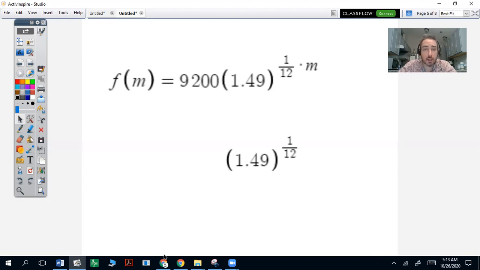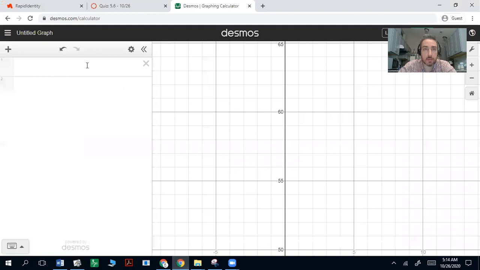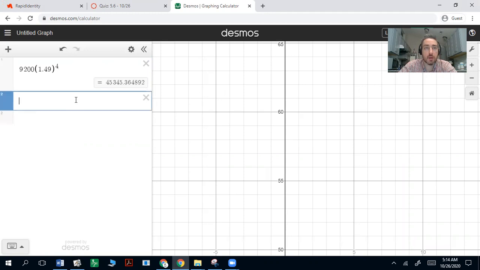So if you look at, let's think about a calculator here for a minute. If I have 9,200 parentheses 1.49 to the 4th power, right? You're going to get 45,345.36.